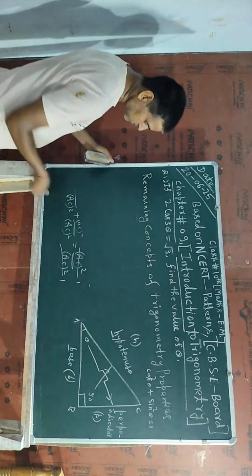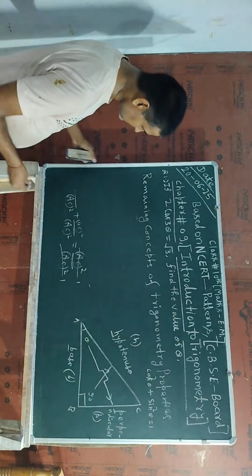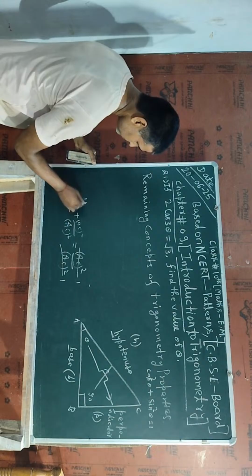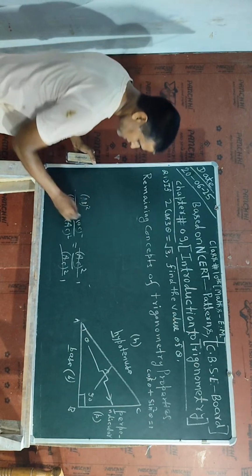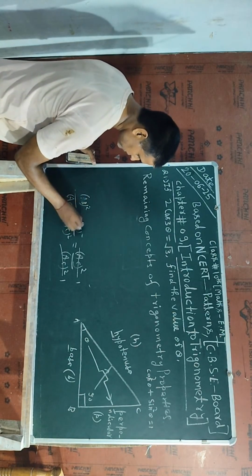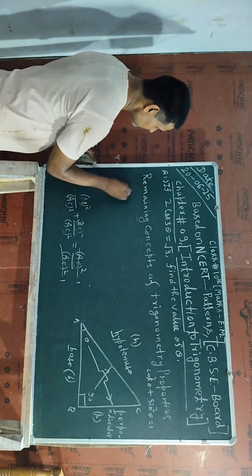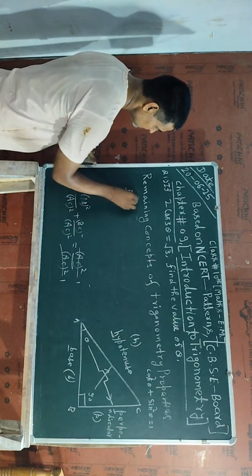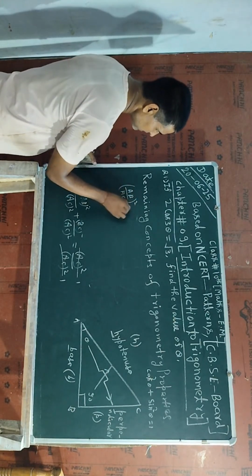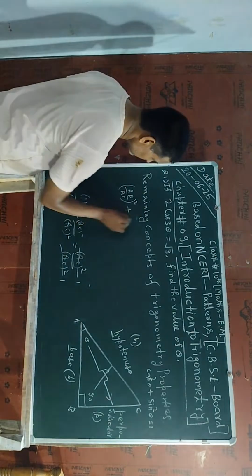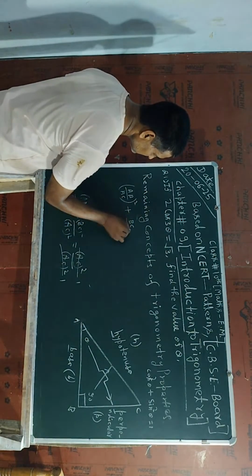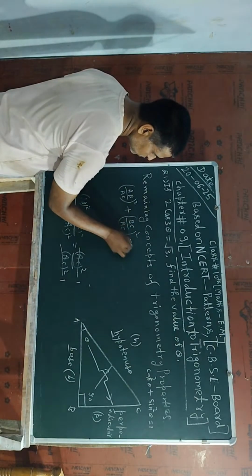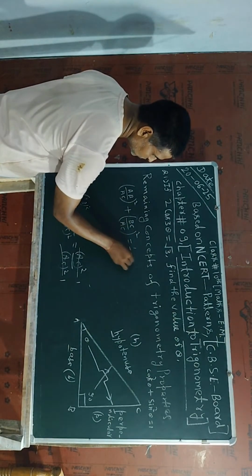Now here after simplification, this is AB whole square, and this is BC whole square. So here I will write AB divided by AC whole square plus, now here I can write BC divided by AC whole square, which is equal to 1 divided by 1, which is equal to 1.